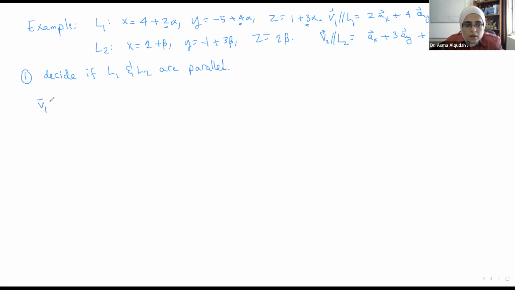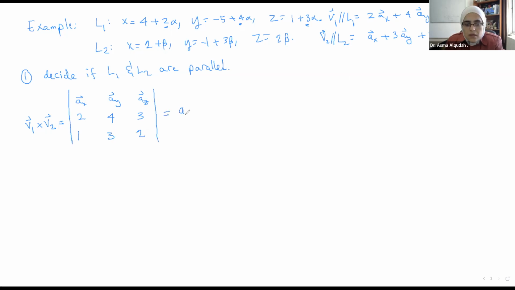So v1 cross v2 is equal to what? v1 cross v2 should be equal to a sub x, a sub y, and a sub z. v1 is equal to 2, 4, 3, and v2 is equal to 1, 3, and 2. And we take the determinant.